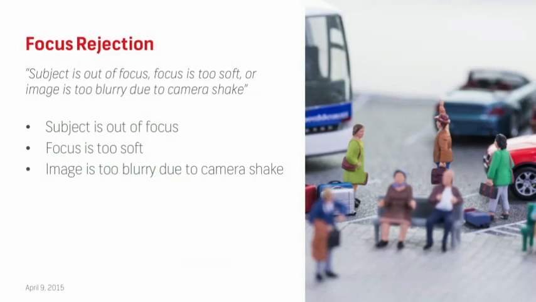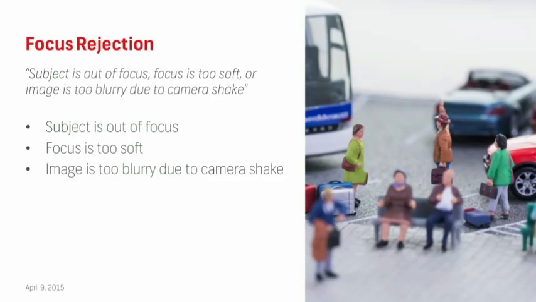So we strongly advise that you use the highest quality equipment you can that's within your budget. We realize that not everybody can go out and spend thousands of dollars on new cameras and lenses, but in general, the higher quality camera you have, the higher quality lenses you have, the less issues you are going to have with soft focus.